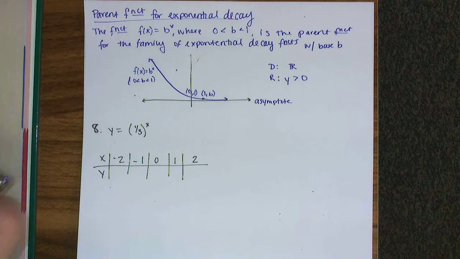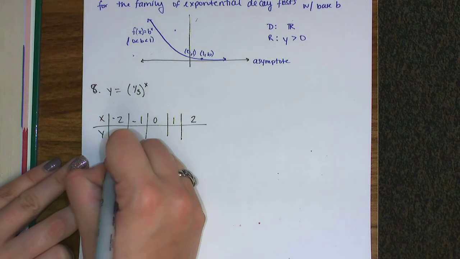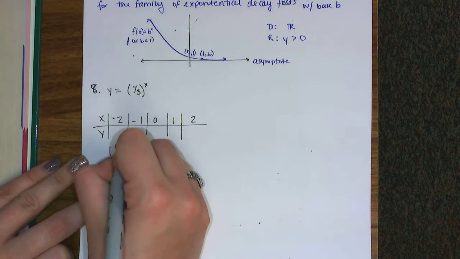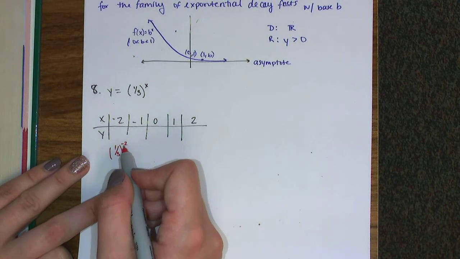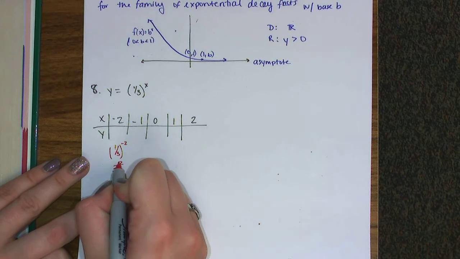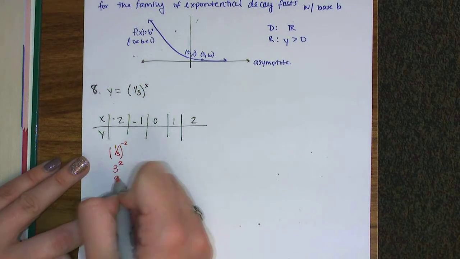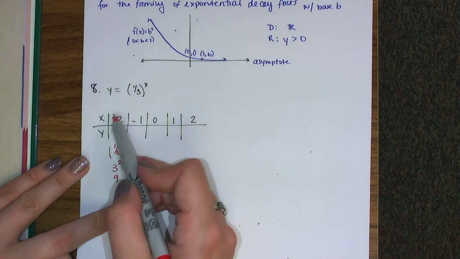Okay, and this is a value that, like I said, sometimes could be really big, and you wouldn't have to graph this one with these functions. -1, 1/3 to the -1. Should recognize that just flips my fraction, which in this case gives me 3 to the 1, which is just 3. Over here, I get 1/3 raised to the 0, which anything raised to the 0 is 1.